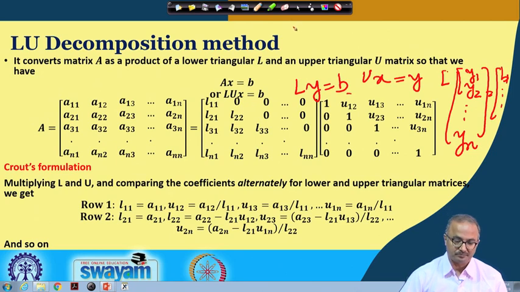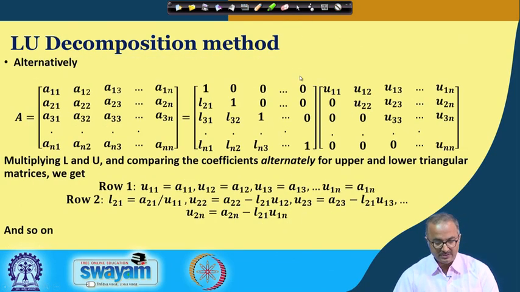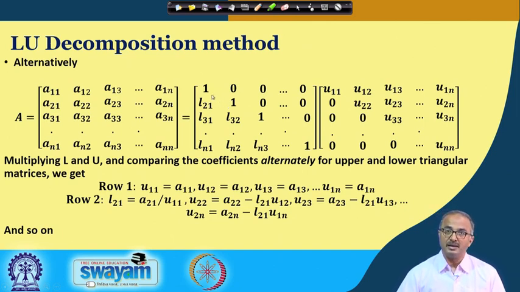Okay. So now this is not the only way to resolve A. You can have another way of resolution of A. That means I can put the L and U like this. In this case, for the L matrix, I put all the diagonals as 1, and for the U matrix, I put the diagonal elements as not necessarily 1. Okay.